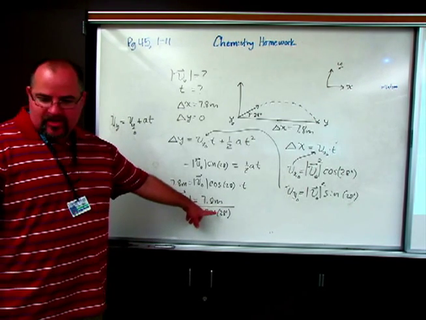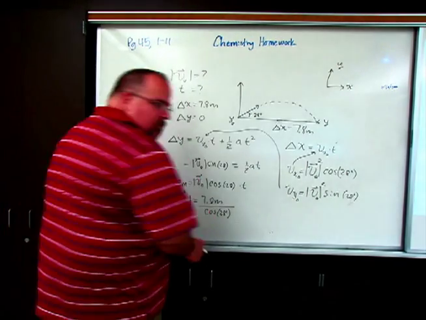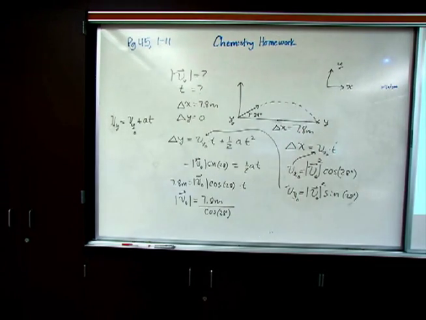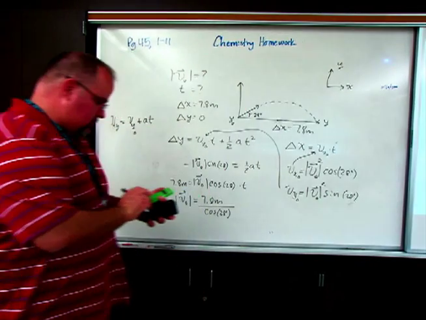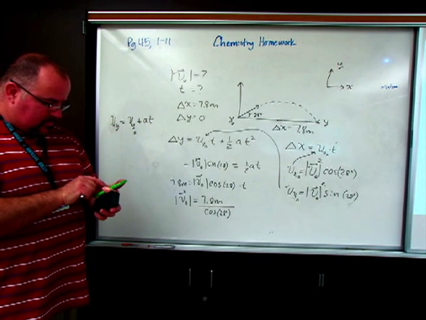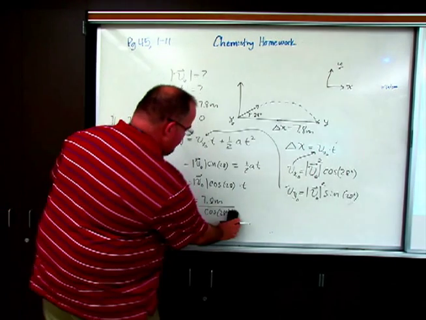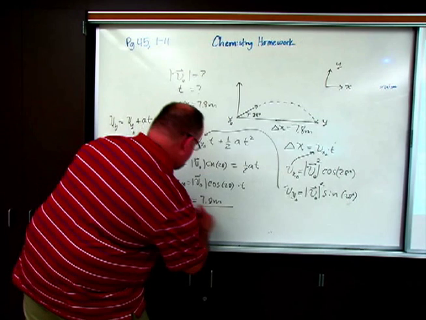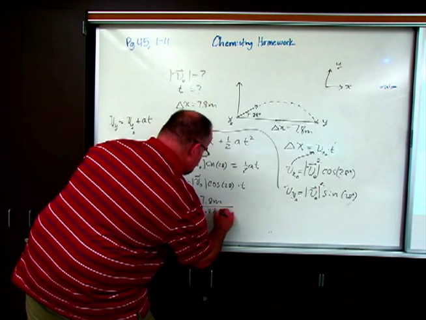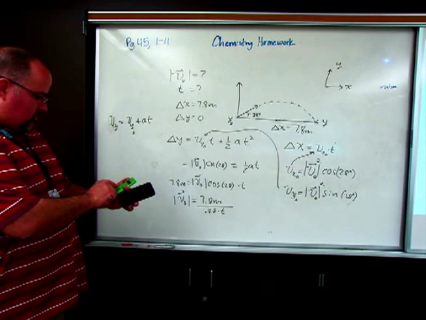I want to replace these with the actual decimal number because this is going to get messy if I don't. Let's see, there was a calculator over here, right? There it is. Cosine 28 degrees. This is 0.88. 0.88 times time.